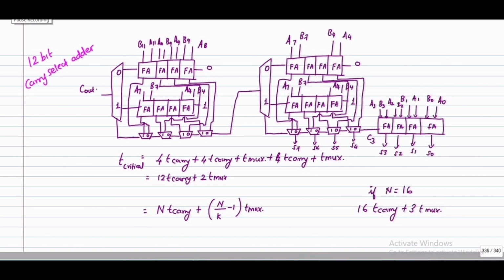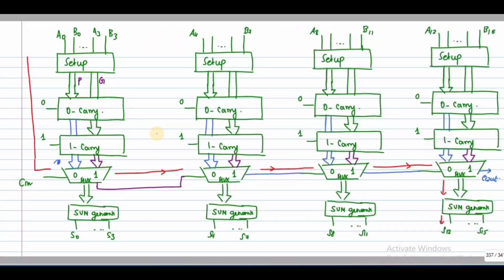Let us now discuss the linear carry select adder. The red line represents the critical path. You can see you have a T setup and either the 0 carry or the 1 carry will be selected.